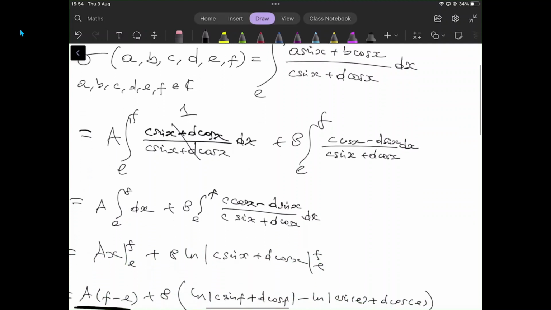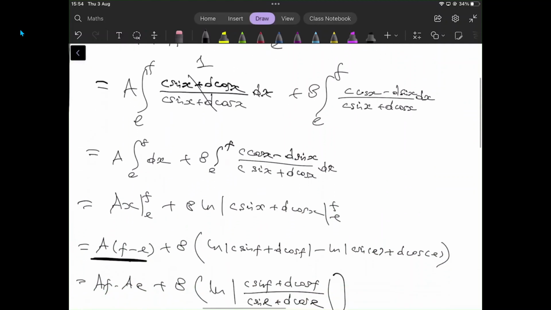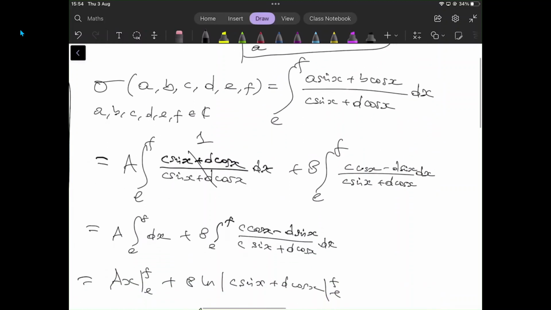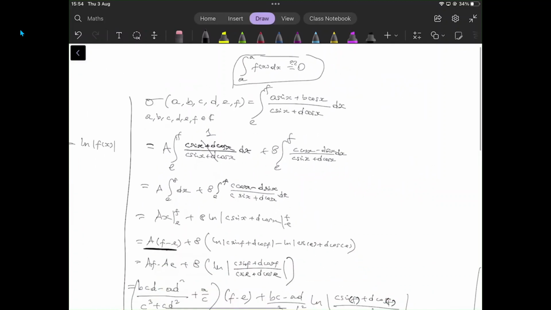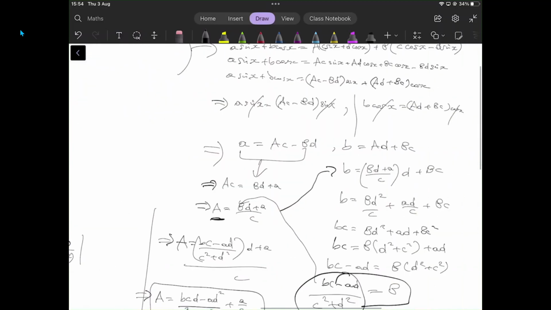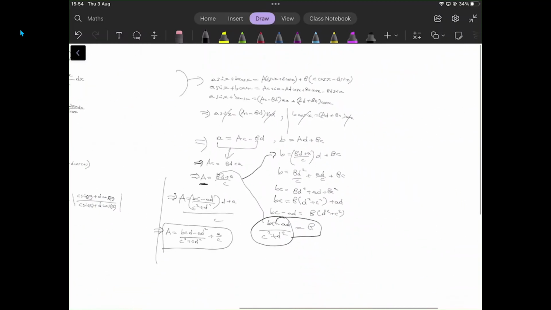Now let's go on to the actual method, what I did, of course inspired by BPRP, black pen, red pen. So what I did was all this constant gibberish nonsense, c sine x plus d cosine of x, that was all good. The only part that I might have made a mistake on is this part over here.